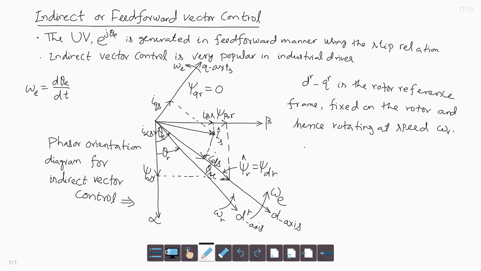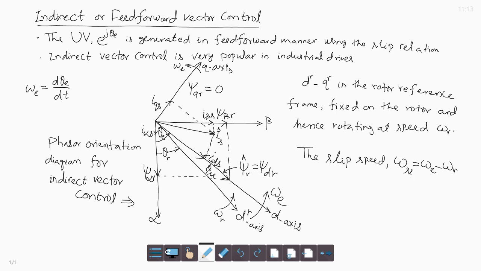The slip speed omega s l is omega e minus omega r. So, the rotor speed is omega r, the speed of the reference frame is omega e, and the difference between omega e and omega r is omega s l.